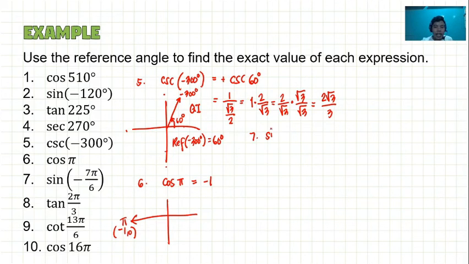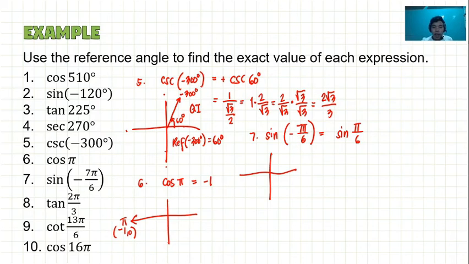7 is sine of -7 pi over 6. We already know that the reference angle of 7 pi over 6 is just pi over 6, since 7 pi over 6 is already in lowest terms. So we have sine of pi over 6. Now, we need to locate -7 pi over 6 so that we can affix the correct sign.